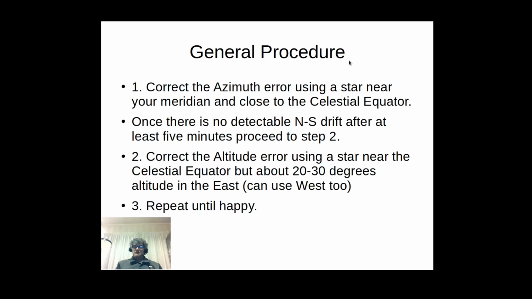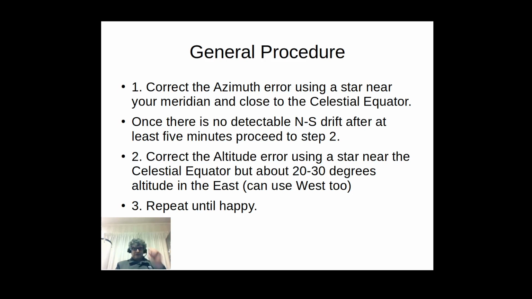Okay, the general procedure. Now this is where levelling the mount is helpful, because if you don't level the mount, then these two adjustments are going to affect each other. If the mount is truly level, then these two adjustments are going to be independent of each other. In reality, you're never going to get perfect levelling, but if it's close to level, it'll minimise the interdependence of the two adjustments.